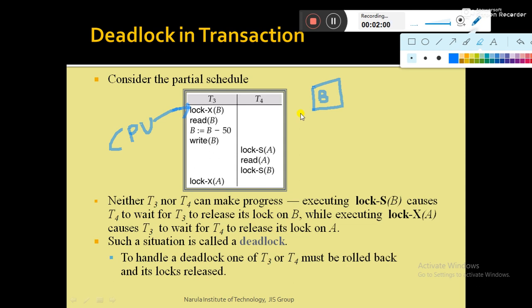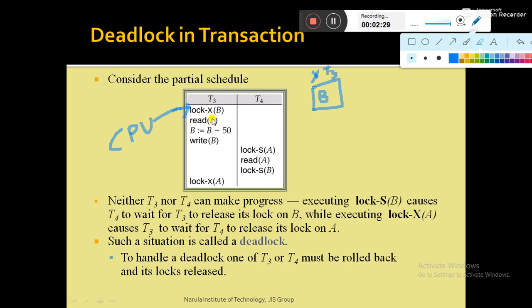It checks whether B is locked by any other transaction in a non-conflicting mode or not. Now B is not locked by any other transaction, so the concurrency control component will grant the request of T3. So B is locked in exclusive mode lock, which I am denoting as X, and it is locked by transaction T3.